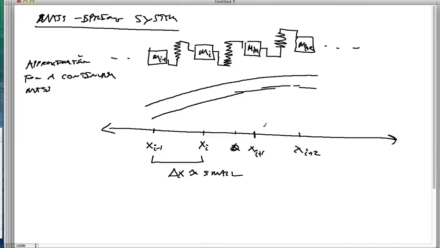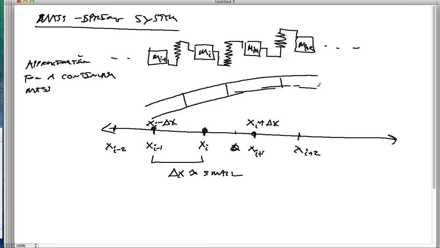And of course, we can always write this as xi plus delta x, and this is xi minus delta x, right? So those are the three positions we're going to look at. That'll be xi minus 2. But we're going to really focus on these three positions here, and of course we could do the same for all the others.